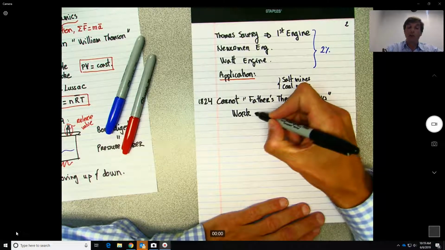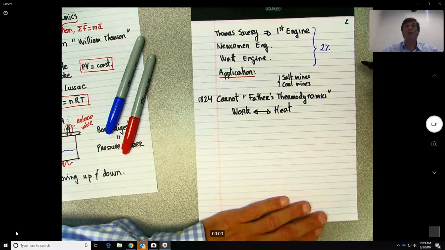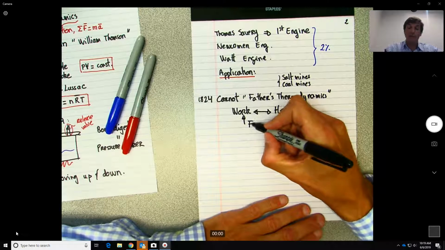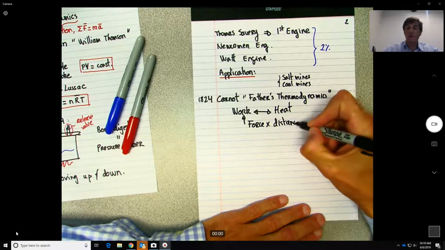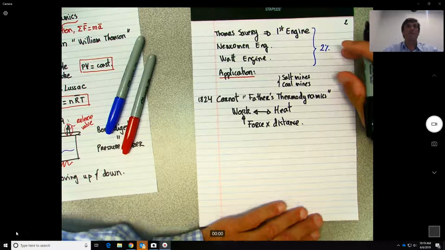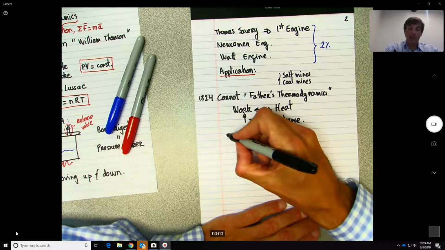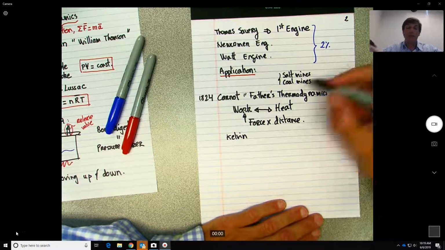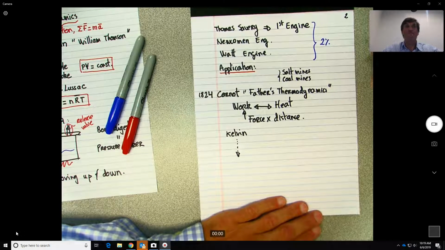So basically it was saying that you can obtain work from heat. Okay, or is the first one that related work actually to the actual definition, which is force times distance. Okay, and really from this point on, you will have obviously Kelvin, that was extremely important, that will develop a lot of the rest of the theory.